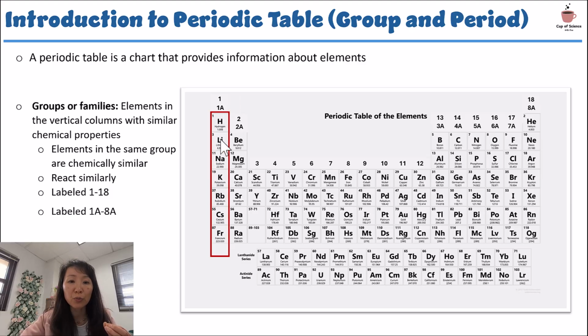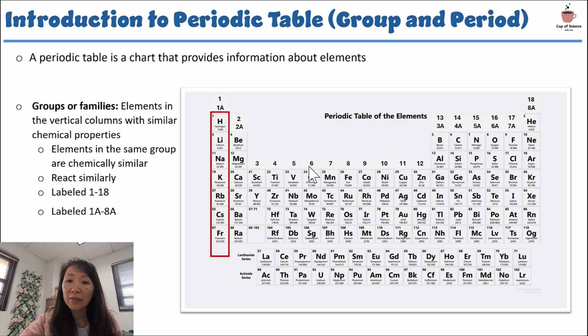So here's group 1A, 2A, and we're going to skip on over 3A, 4A, 5A, 6A, 7A, and 8A as labeled over here. The main group elements are labeled with a number and the letter A, but you do see another number right on top, that's 1, and it goes all the way up to 18, counting the transition metals over here.